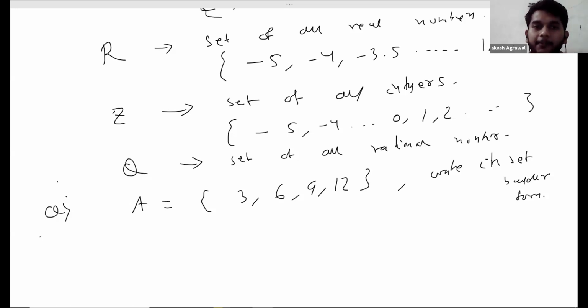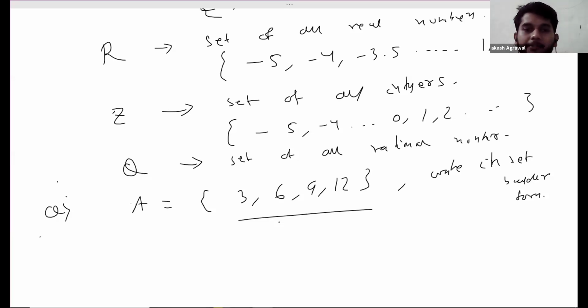Okay, Afnan, you are saying what common property? Multiple of 3, right? Yeah. What else? They are all positive. Yeah, they're all positive. And less than 13. Less than 13, right?